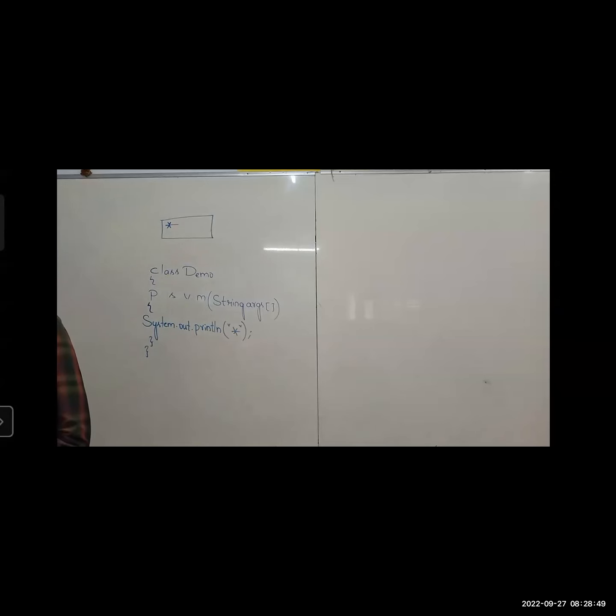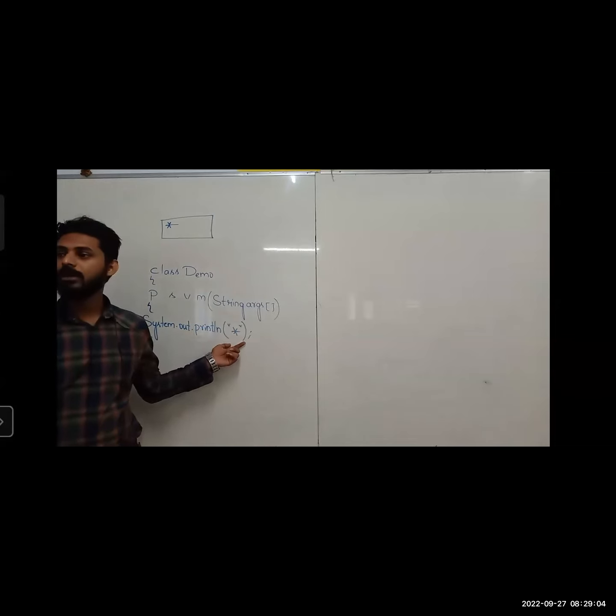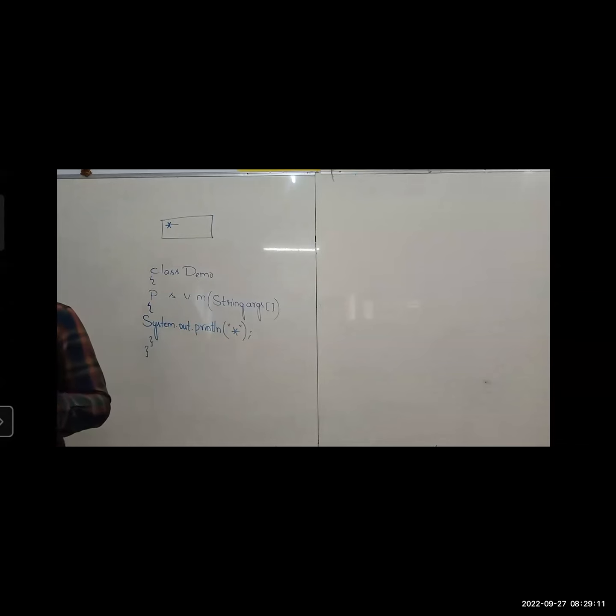What does it mean? Not character, string. Character means you will write it in single quote. However, keeping that aside, if you write anything inside double quotes, it will get printed as it is.